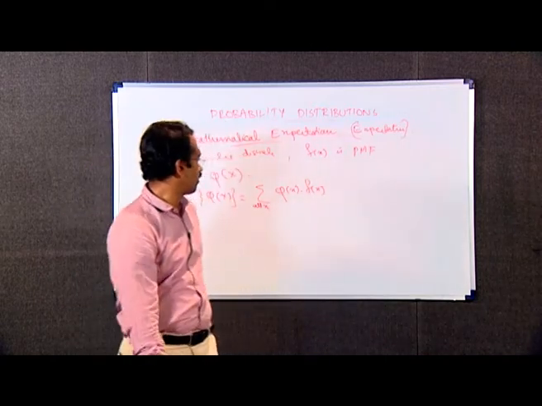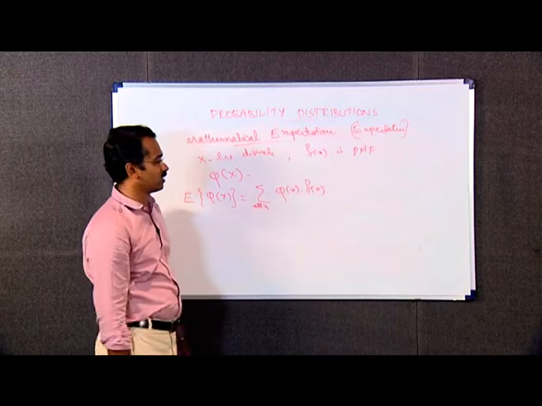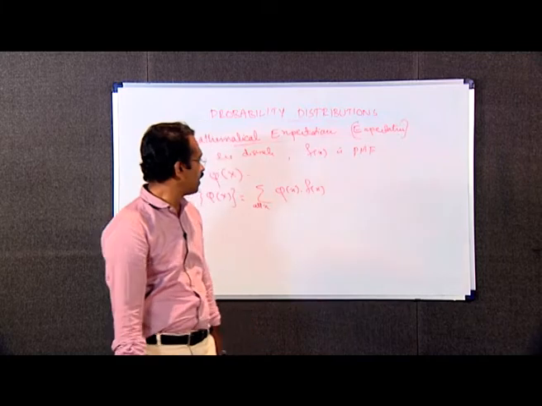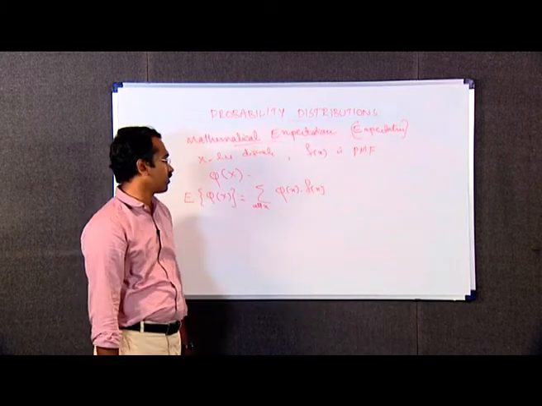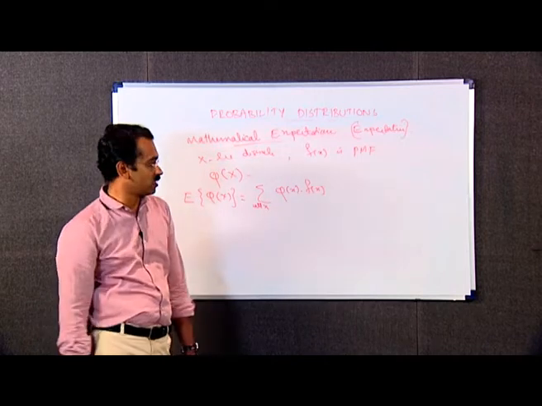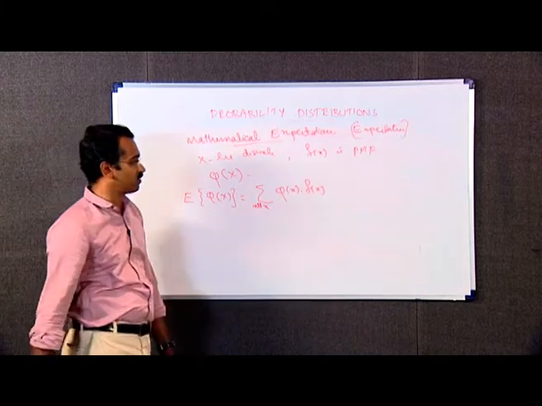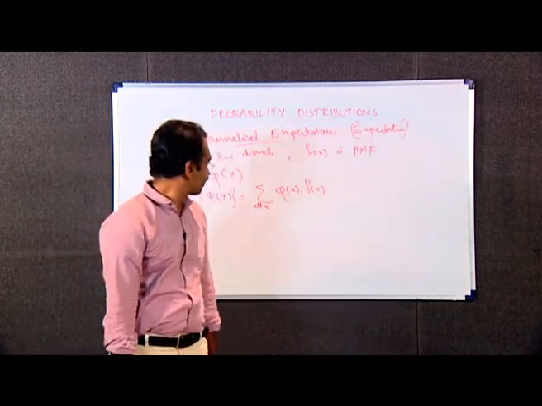That is, we multiply phi(x) and f(x) corresponding to the possible values of x, and then take the summation, which gives the expectation, provided this summation exists. This is the definition of expectation.